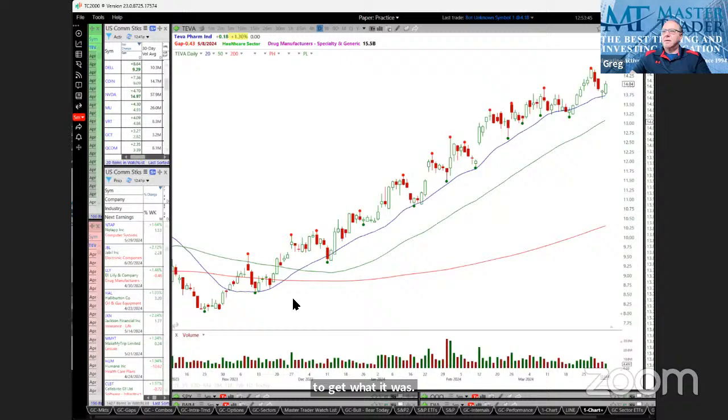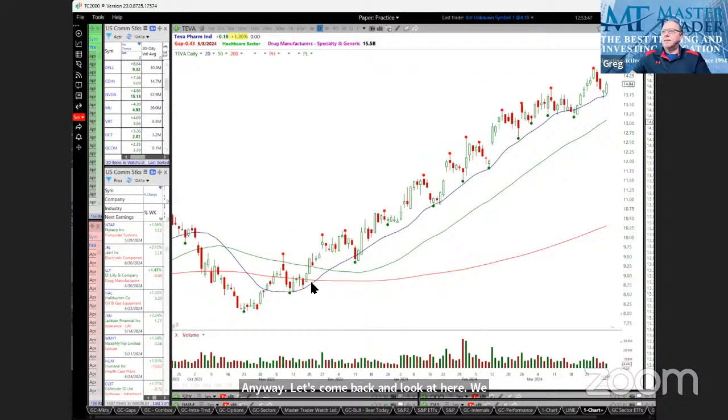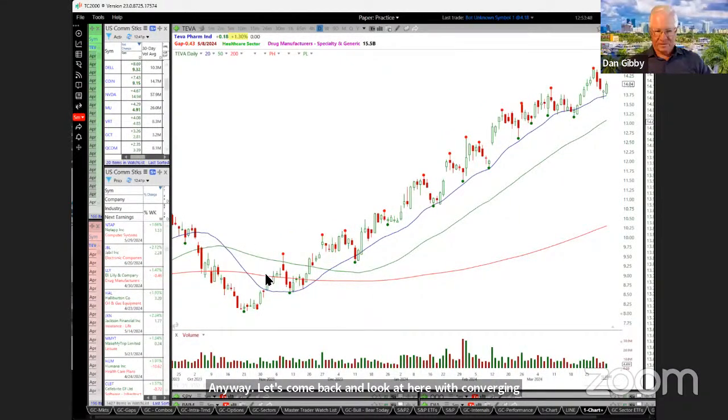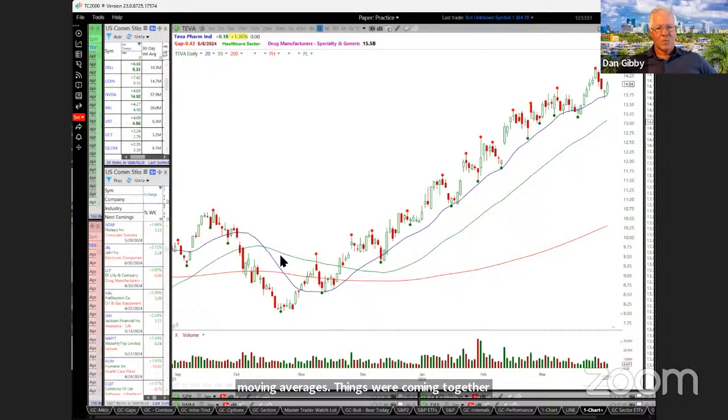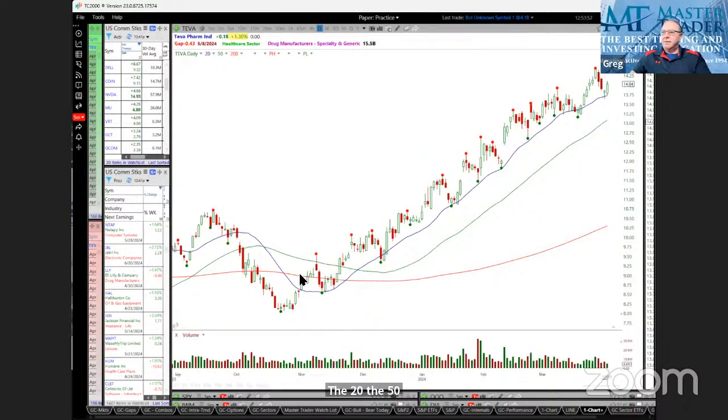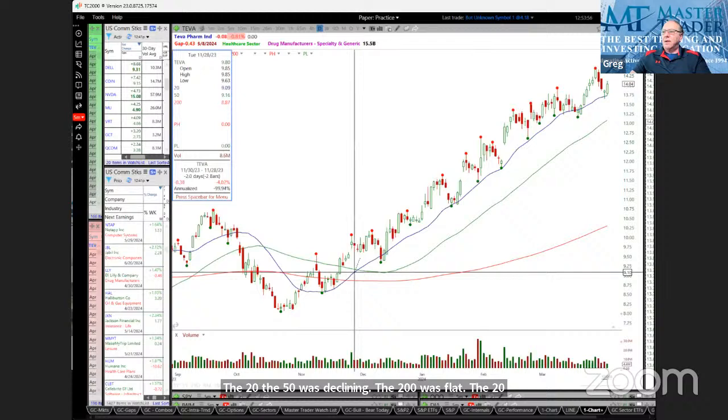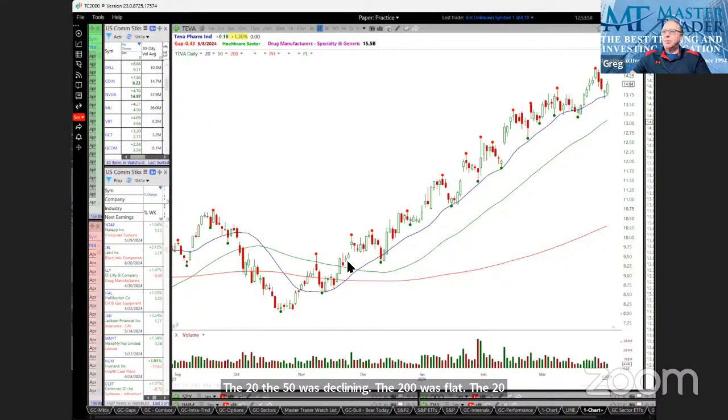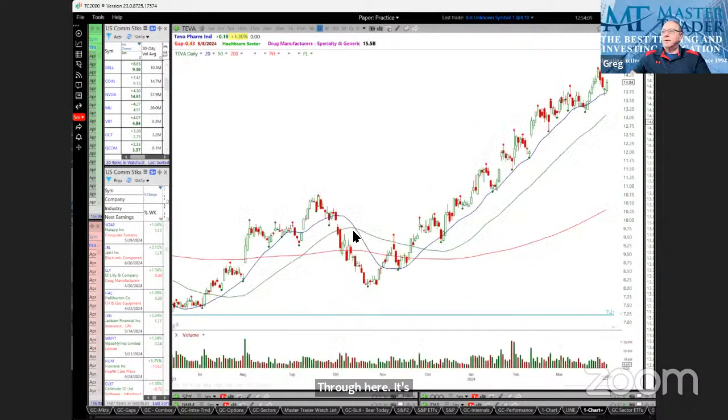Look at here, the converging moving averages. Things were coming together. Bottoming pattern, sure. The 50 was declining. The 200 was flat. The 20 was starting to rise. They're coming together here, and you get this pop through here. It's like it's starting to move.